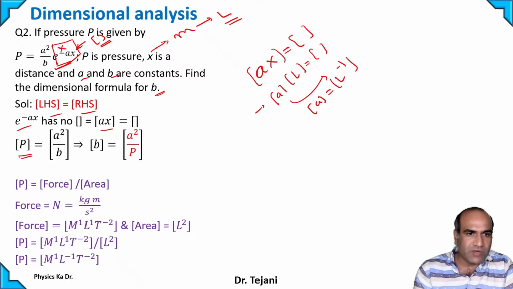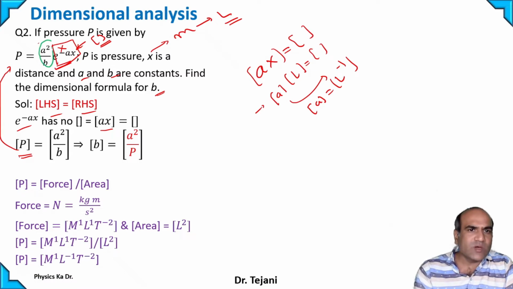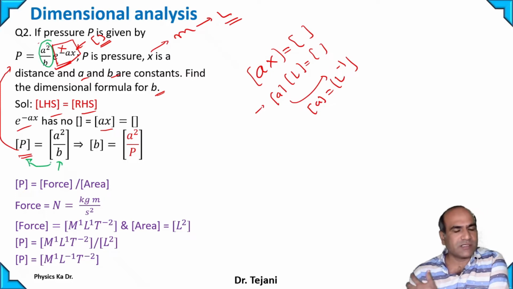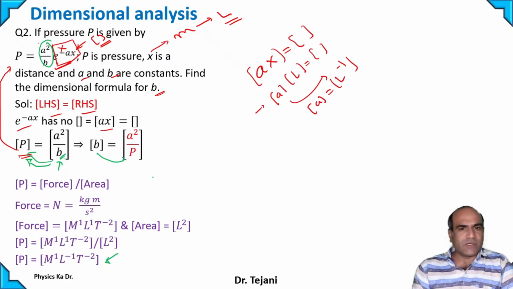So the dimension of P must be equal to A squared by B. Let's change the color. So the dimension of B is A squared by P, that must be equal to the dimension of P. Take B to the opposite side and P to the downside. A squared by P, for the pressure we already have the solution.